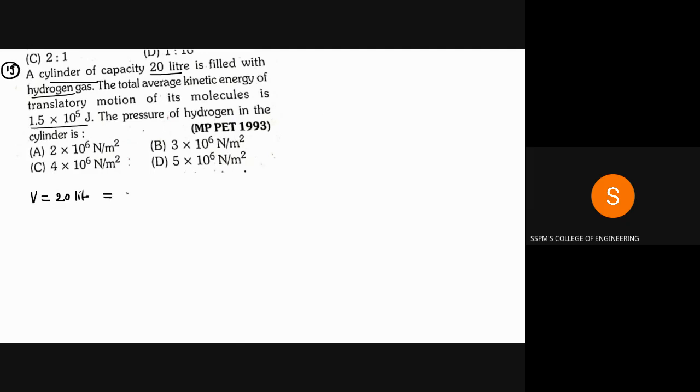So 20 liter means 20 into 10 to the power minus 3 meter cube. Then the total kinetic energy is given. So E is equal to 1.5 into 10 to the power 5 joule. And the question is we have to find out the pressure of the hydrogen in the cylinder.